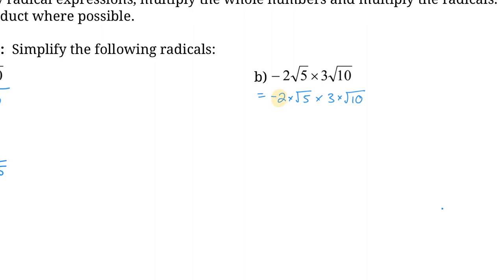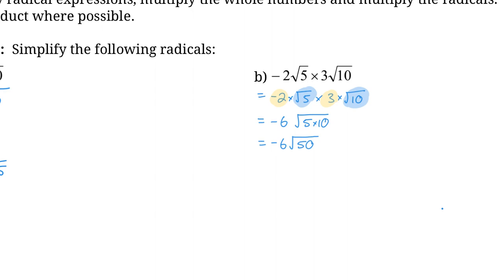So we can multiply these whole numbers together, and then we can also combine this root 5 with this root 10. Okay, so negative 2 times 3 is just negative 6, and root 5 times root 10 is the square root of 5 times 10. Okay, and that's just going to be negative 6 square root of 50.